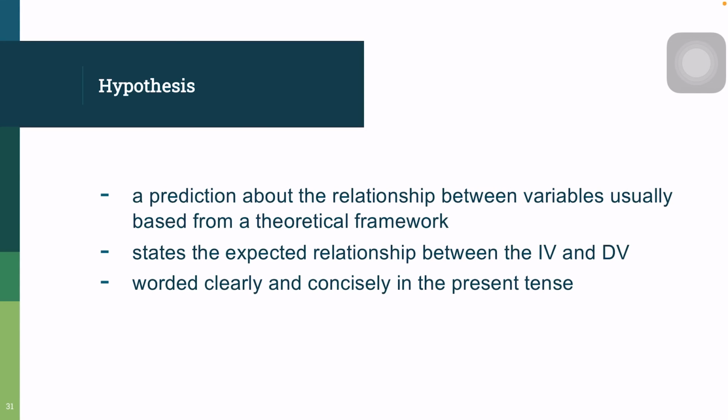So again, what is a hypothesis? A hypothesis is a prediction about the relationship between variables, usually based on a theoretical framework. It states the expected relationship between your independent variable and your dependent variable. It is worded clearly and concisely and in present tense.